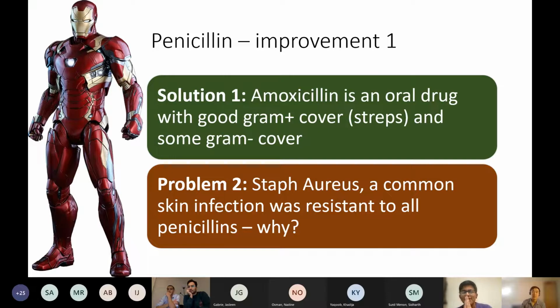But then they encountered the second problem. Staph aureus is a common skin infection. It's a skin commensal and it can cause infections, and it's resistant to all of the penicillins thus far. Does anyone know why Staph aureus is resistant to most penicillins?